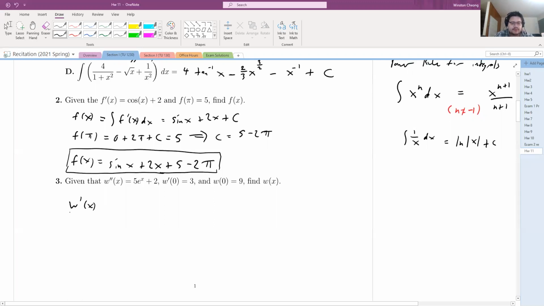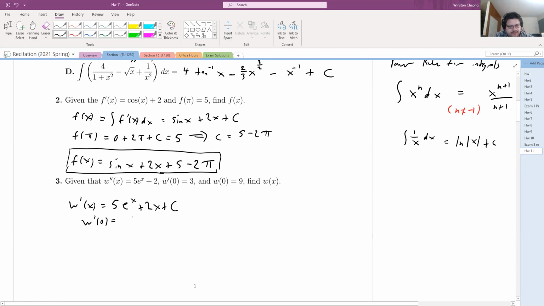So first, we integrate once. That's going to bring us to w prime. I'm not going to spell out the integral, but we just integrate this 5e to the x plus 2, which is going to give us 5e to the x plus 2x plus c. And then we can use the first condition, w prime of 0.